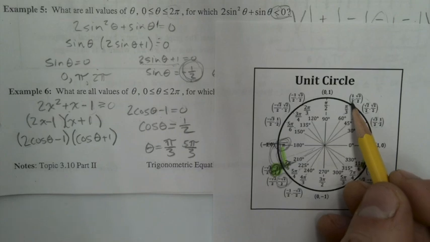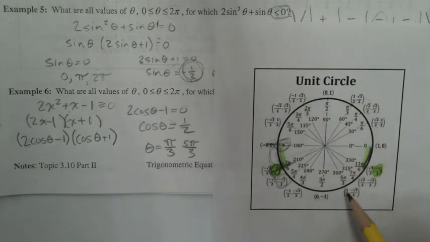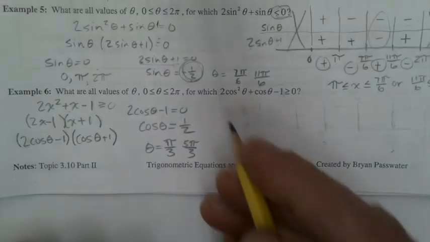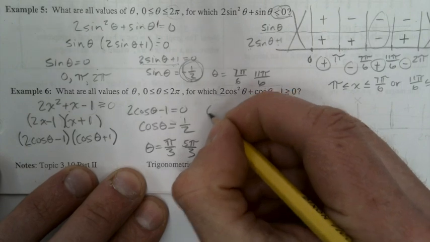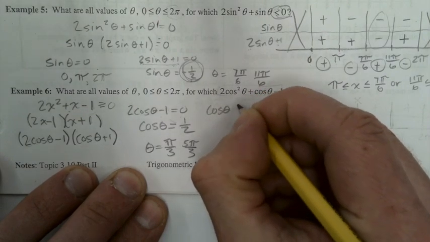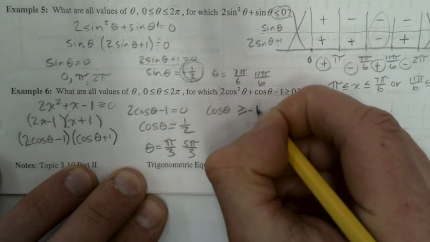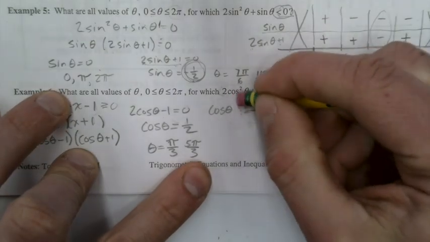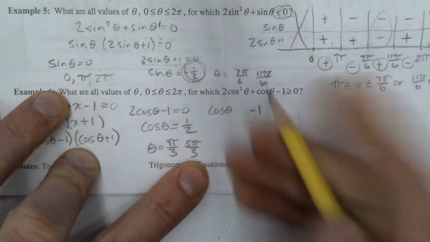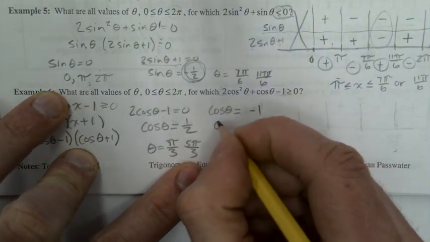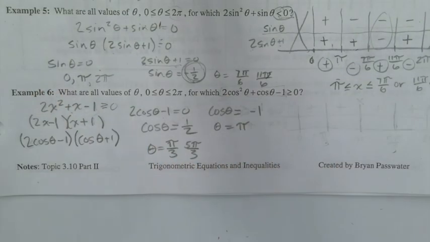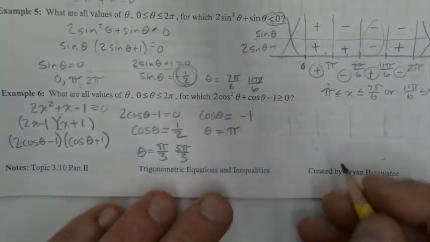So pi over 3 right here, 5 pi over 3 right down here. The next one is cosine of theta is greater than -1, because I'll subtract the 1. We can treat this as though it's equal for now, just to answer it. So that means that theta would have to be equal to pi. That's the only time cosine is -1.